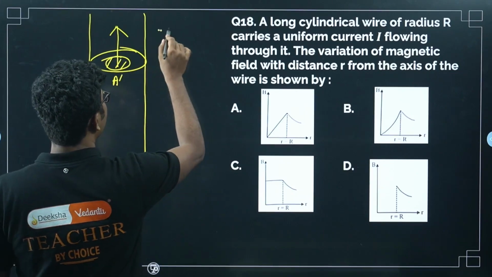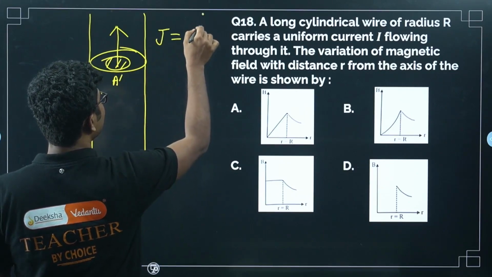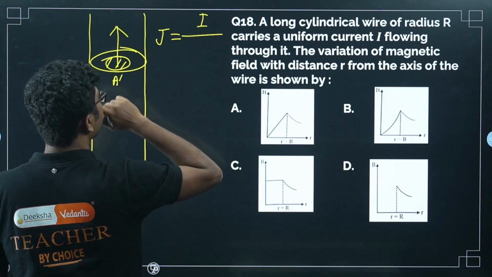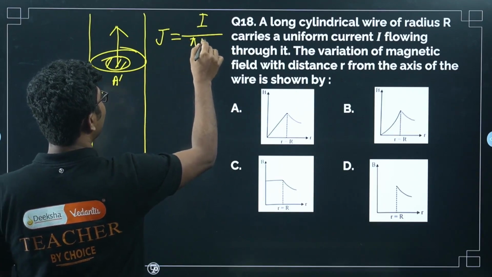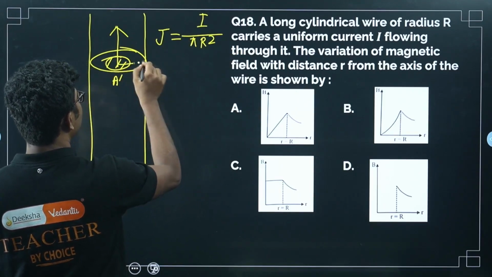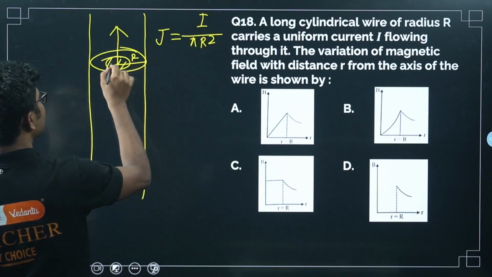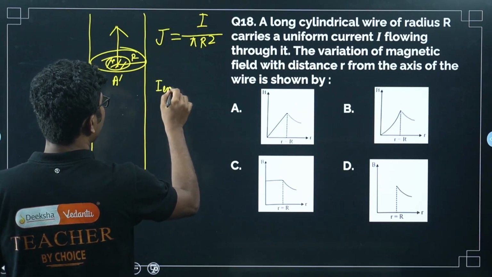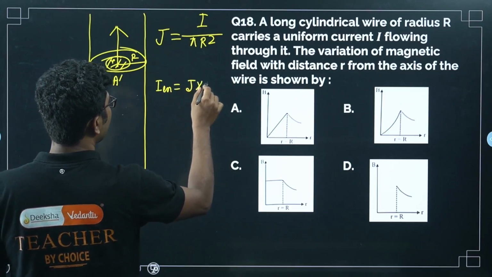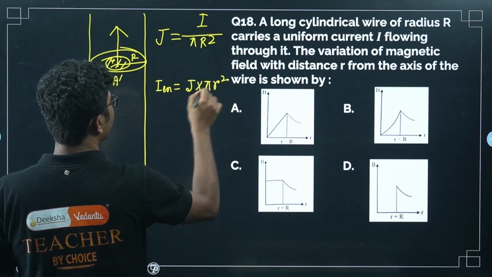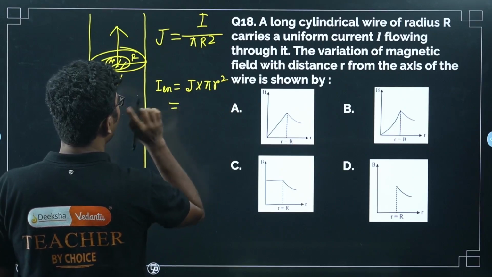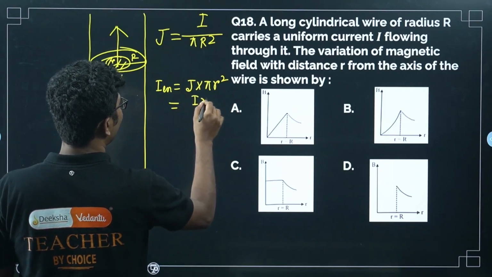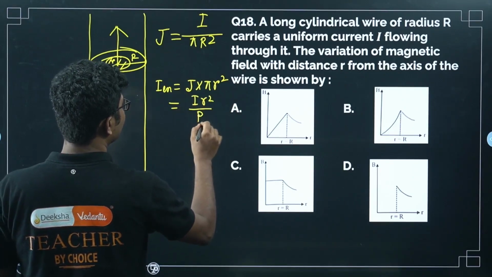Now we have calculated the current density in the circuit, total current I divided by pi r square. Suppose this distance is r. Now if this distance is smaller, then the current enclosed is given by J times pi small r square, or I small r square divided by r square.